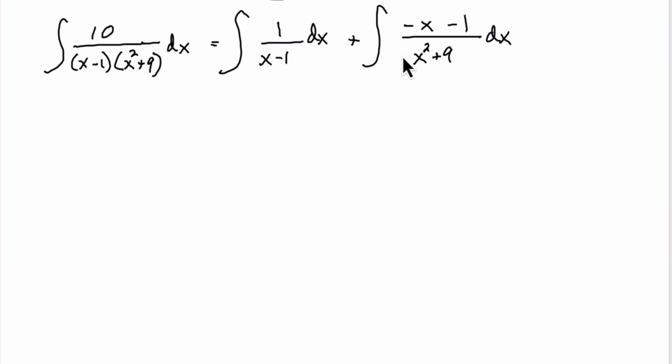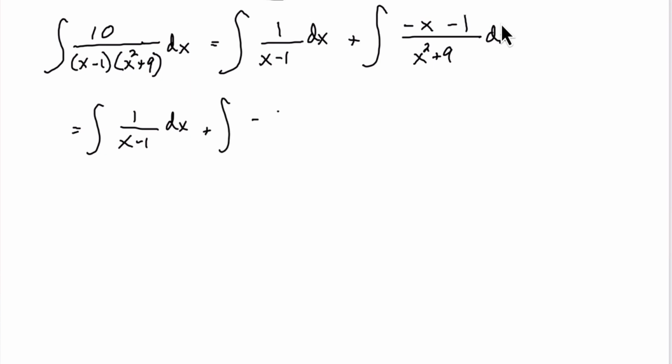This second integral we can break apart into two different integrals using the numerator. So I'll just copy the first integral for now. It's 1 over x minus 1 dx. And let's break apart that second integral.